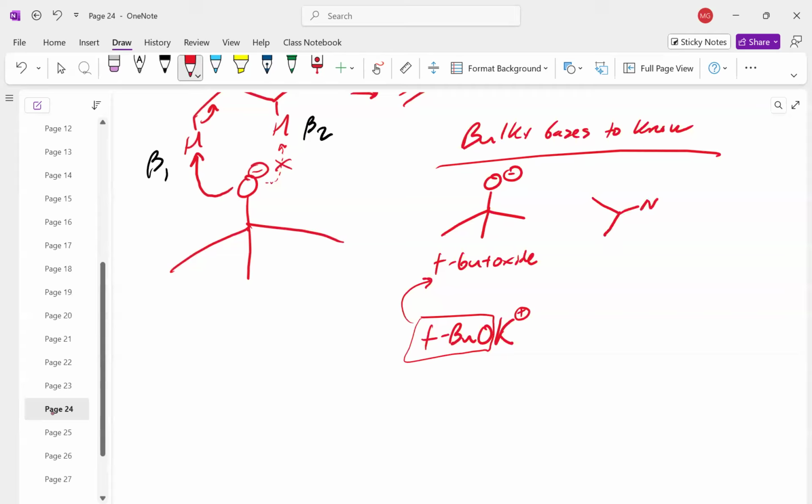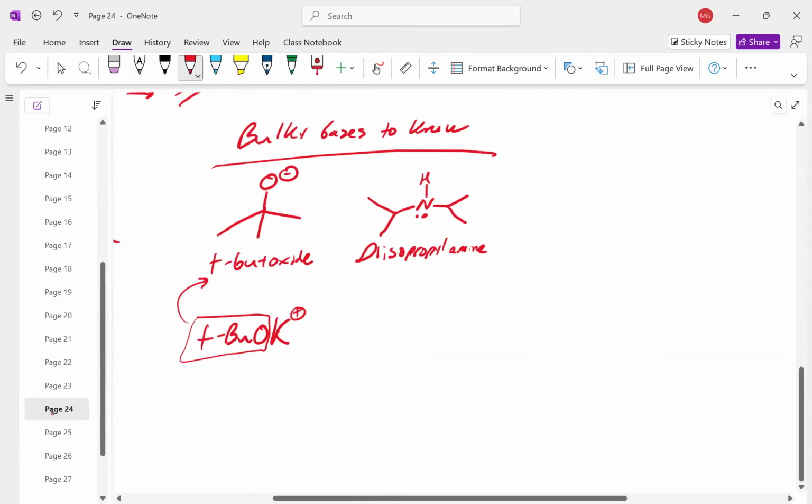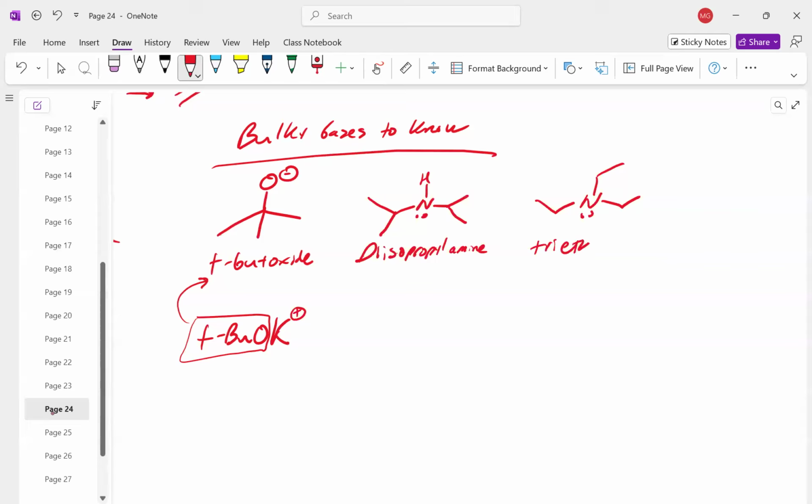Another one is diisopropylamine. It's got a couple of very bulky isopropyl groups on it. And then a third one to know is triethylamine. So I would just memorize those names and structures.